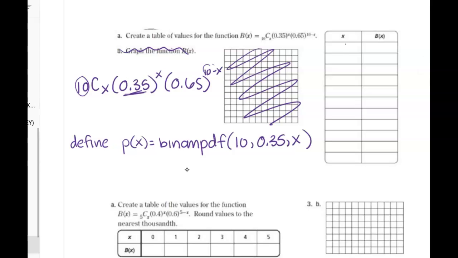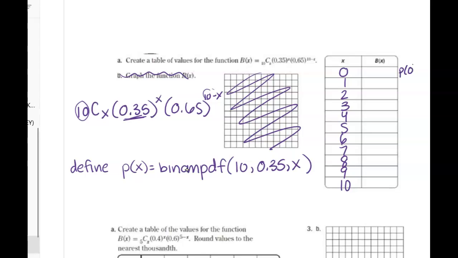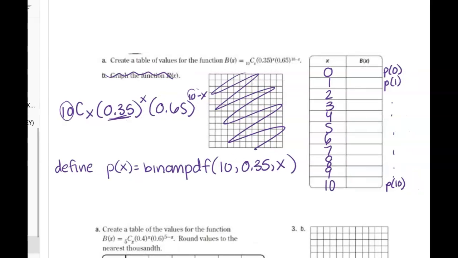And then we'll do 0 through 10, and so P of 0 will get you that value, P of 1 all the way down to P of 10. So please do this independently, and you can check the key in this folder when you're done, or in the same Schoology folder as this video, rather.